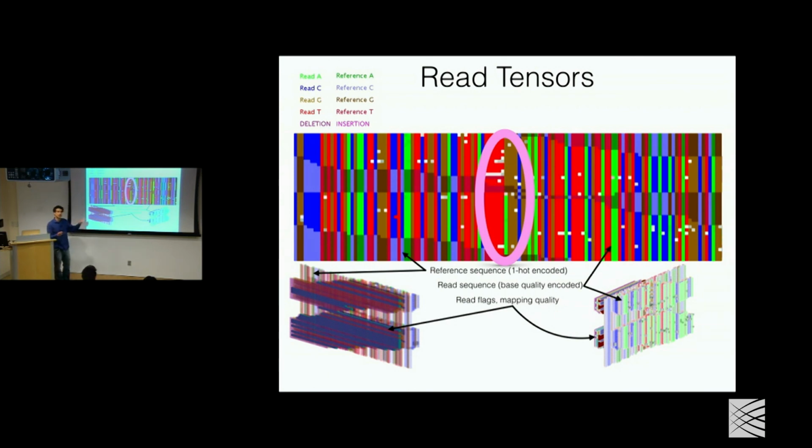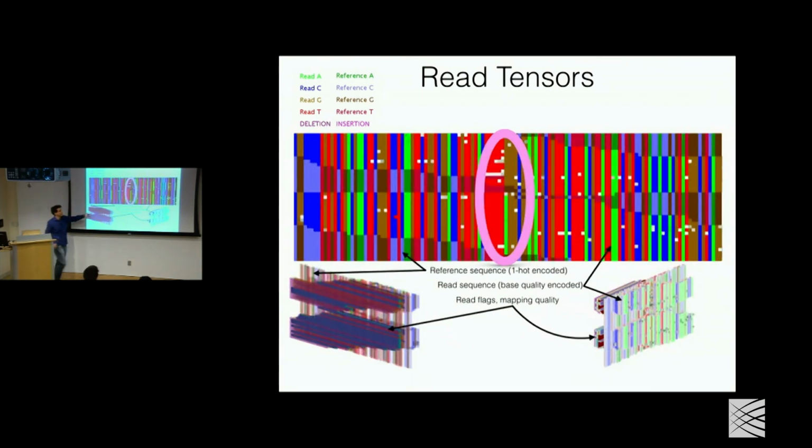So we encode the sequencer's confidence of that base at that site. And then we have the reference information. So that's another 4 channels. And then we have deletion or insertion, as well as a number of read flags. So which strand was the read on? Was it first in pair, second in pair? And the mapping quality as well.